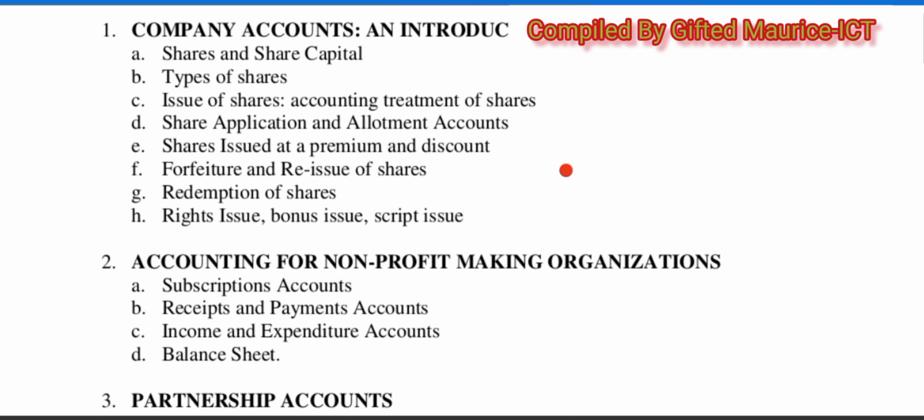Then number two, we will look at the types of shares. And in this case, we will look at the various types of units of ownership. Let us not confuse the types of shares with the types of share capital. Those are two different things. So when we talk about the types of shares, we are talking about the rights that a shareholder has.